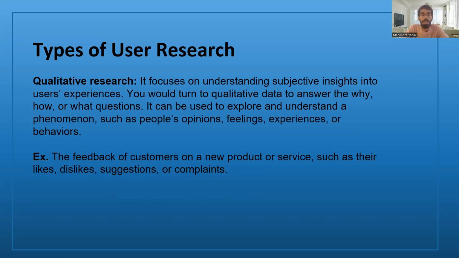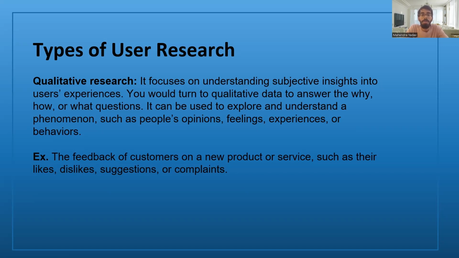Now, types of user research. So basically, we will see two types of user research. First, qualitative user research, and second, quantitative. In qualitative user research, you focus on understanding subjective insights into users' experience. You will turn to qualitative data to answer the why, how, or what questions.